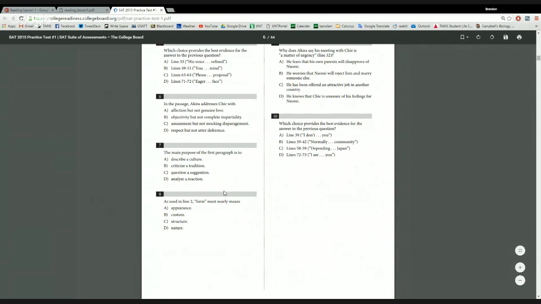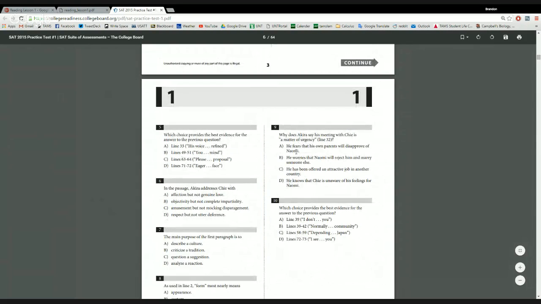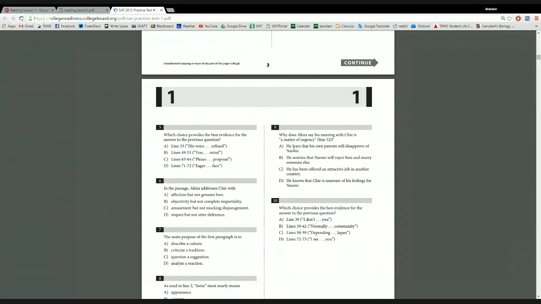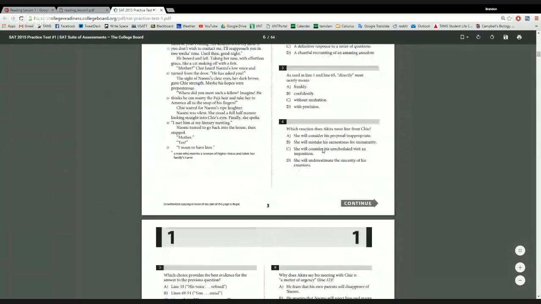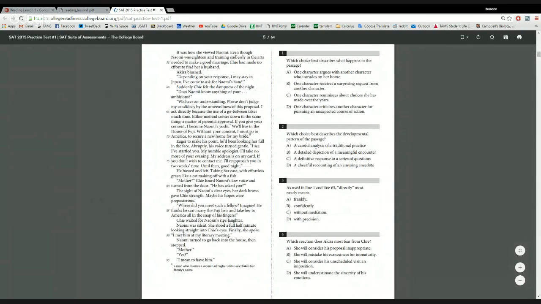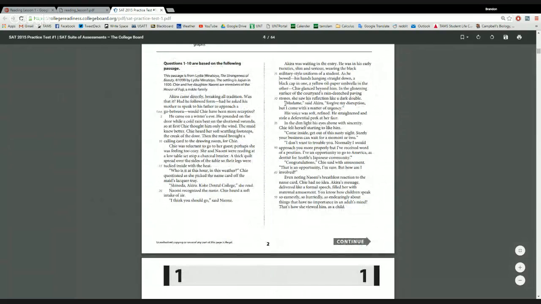Okay. Let's see. Now question 9. Why does the curator say his meeting with Chi is a matter of urgency? Line 32. Okay. Well, you probably read a little bit above.